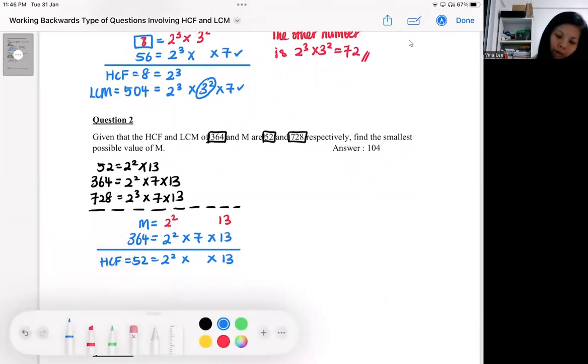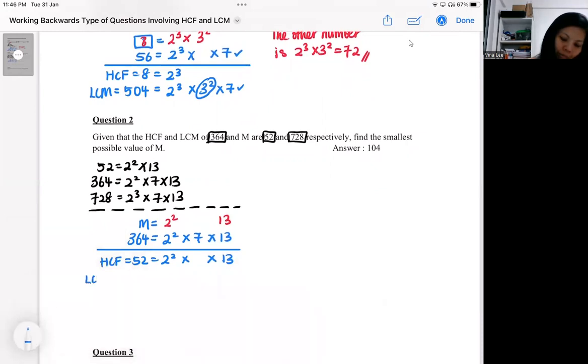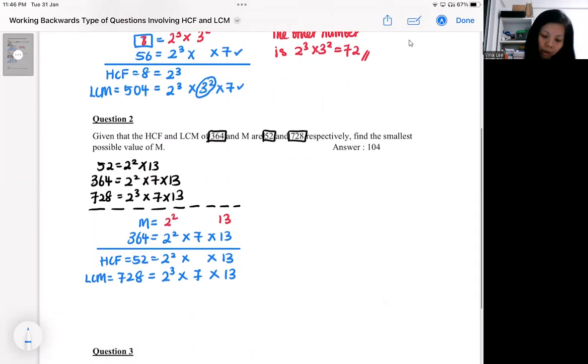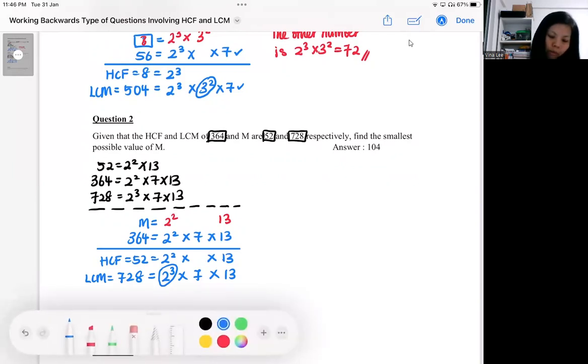Then I will explore the LCM. The LCM is 728. From here, you have to see whether it makes sense or not, because there's actually a 2 cube, but neither m nor 364 has the 2 cube yet.